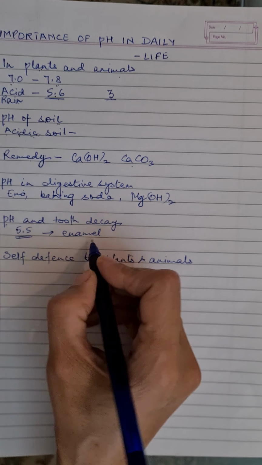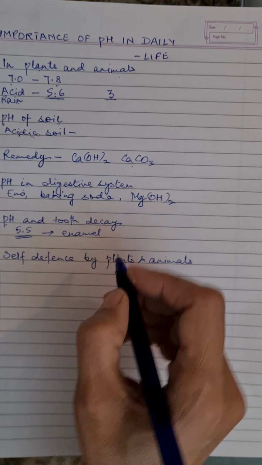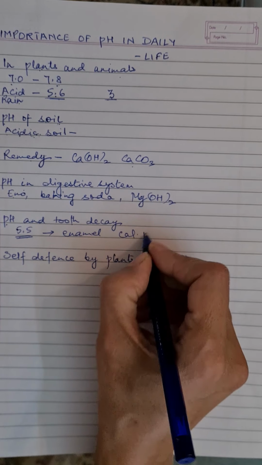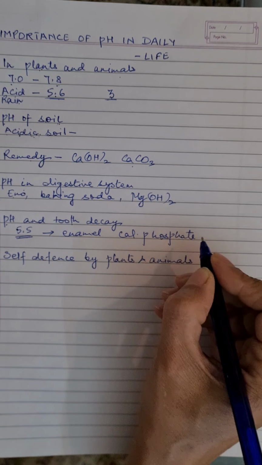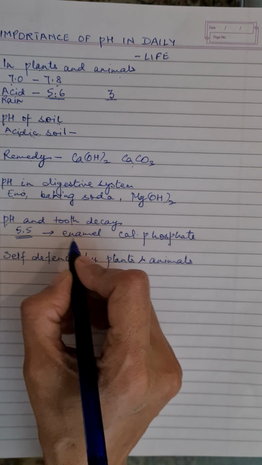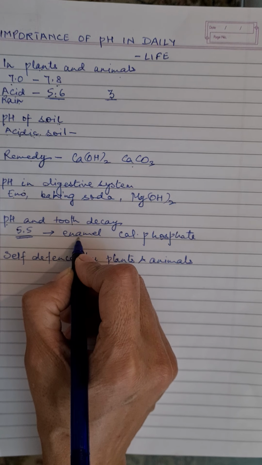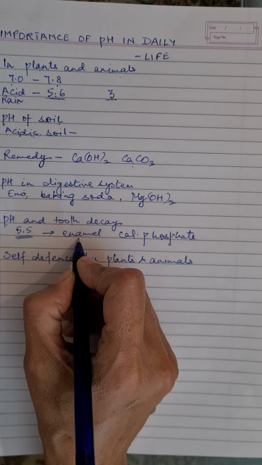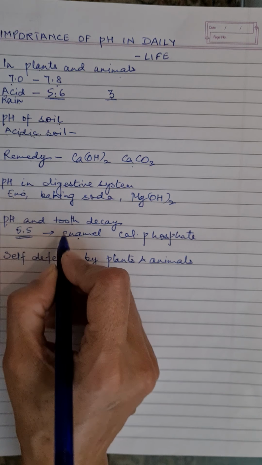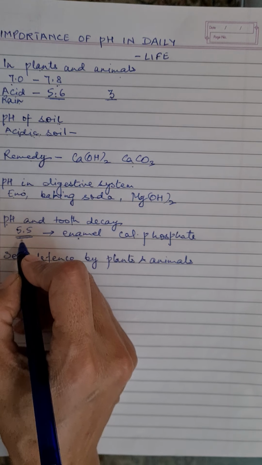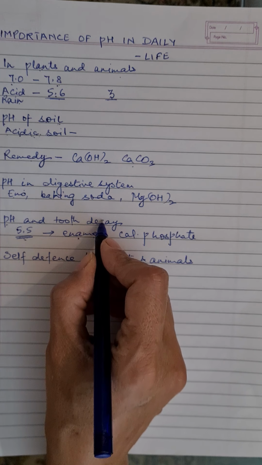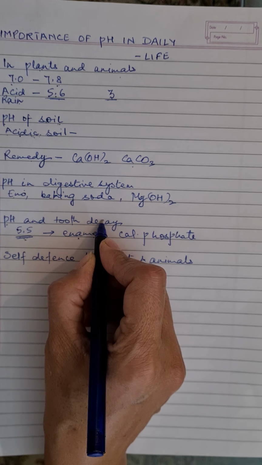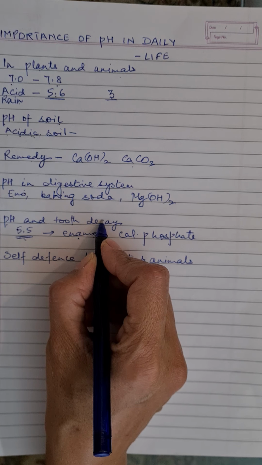This enamel is made up of calcium phosphate, a very tough material. So you can imagine these bacteria producing the acid are going to corrode the enamel, and then it is going to cause tooth decay by forming cavities.